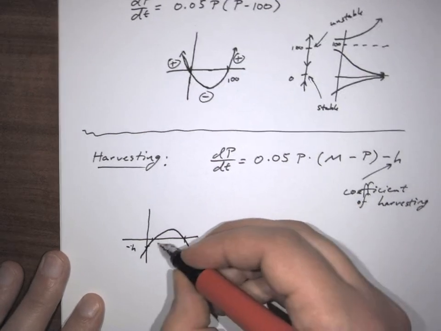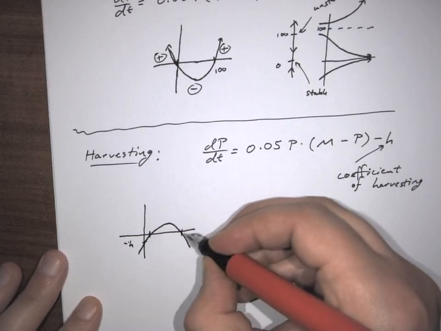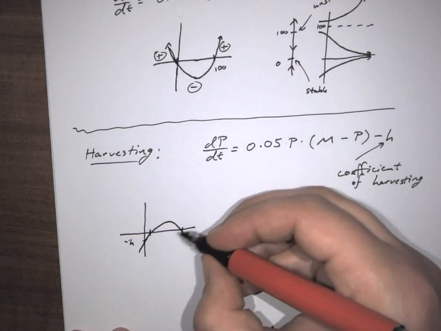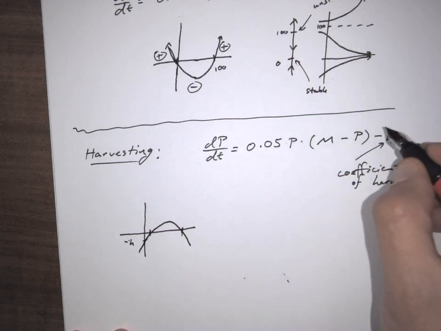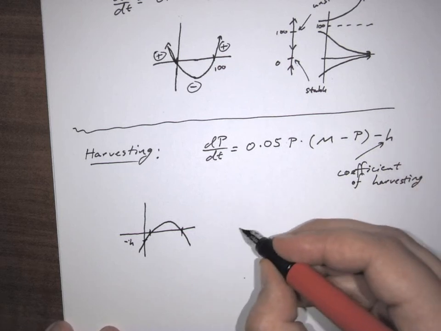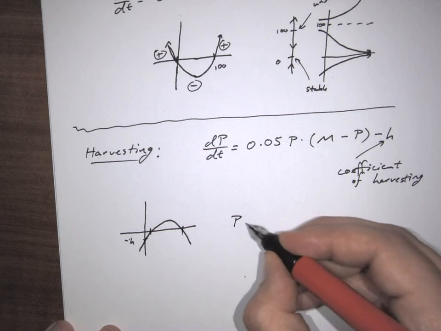And now we no longer have an equilibrium at 0, and we no longer have an equilibrium at the same value of 100 as we had before. The new equilibria are going to be changed, and they're going to be changed based on this.